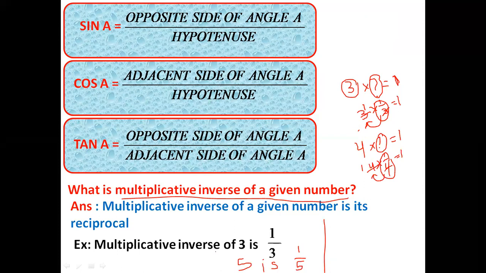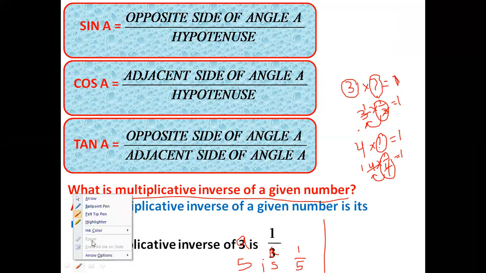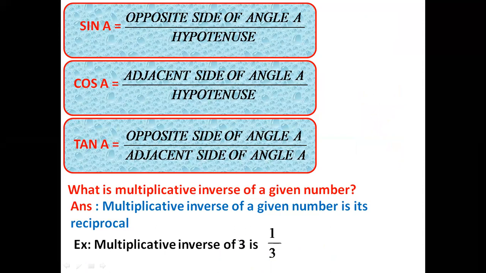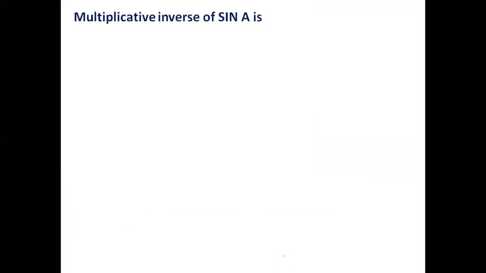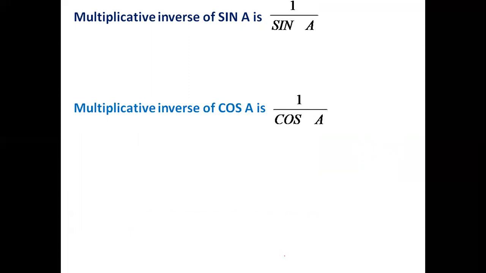Multiplicative inverse of A is 1 by A. Multiplicative inverse of, suppose here I am taking x, is 1 by x. In this way, the multiplicative inverse of sin A is 1 by sin A. Multiplicative inverse of cos A is 1 by cos A. Multiplicative inverse of tan A is 1 by tan A.